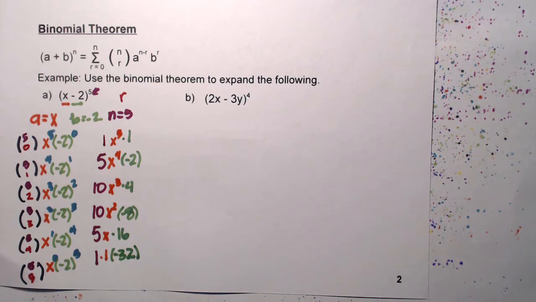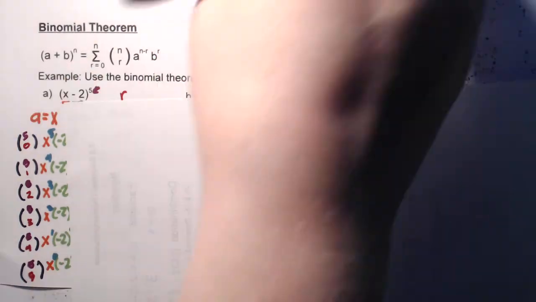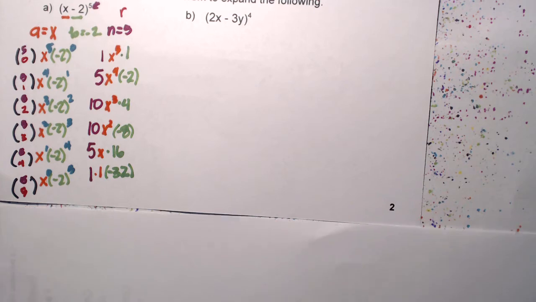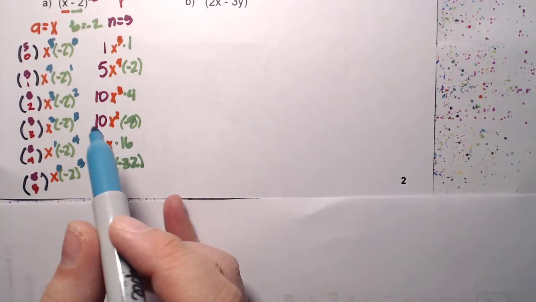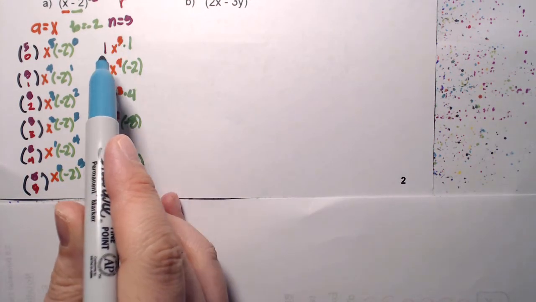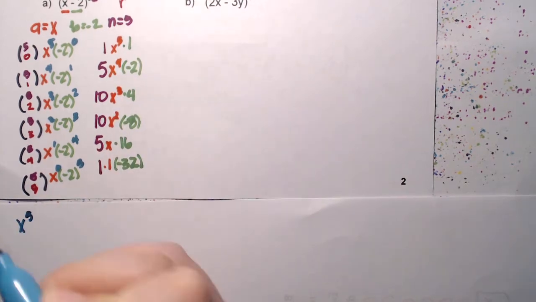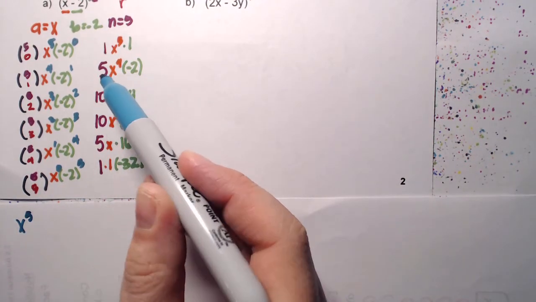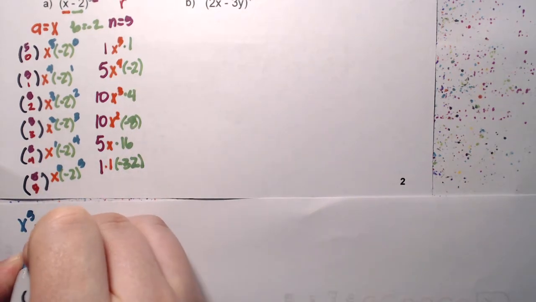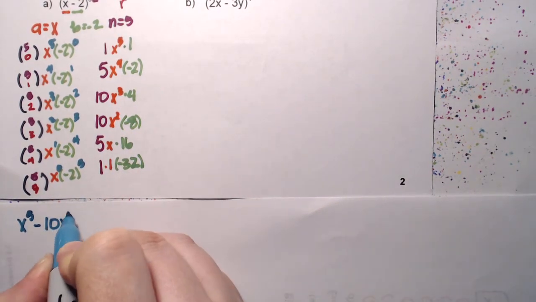And then you just simplify all of that. So my answer is going to be, and I'm kind of out of room. Let me see if I have a piece of paper I can write on. Yeah, I'll do this. So basically I'm going to have x to the 5th times 1 times 1. And then -2 times 5 times x to the 4th is -10x to the 4th.